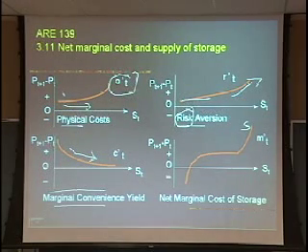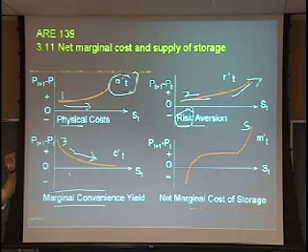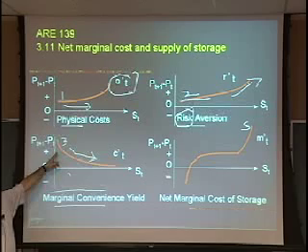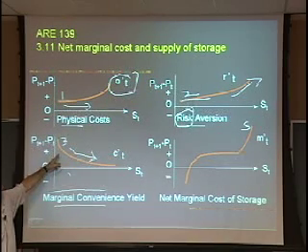So this is number 1, this is number 2, and this is number 3, right? And if we stack these up on top of one another, for a low level of stocks, we have small physical costs, we have small risk aversion, and we have high convenience yield. Convenience yield is negative.